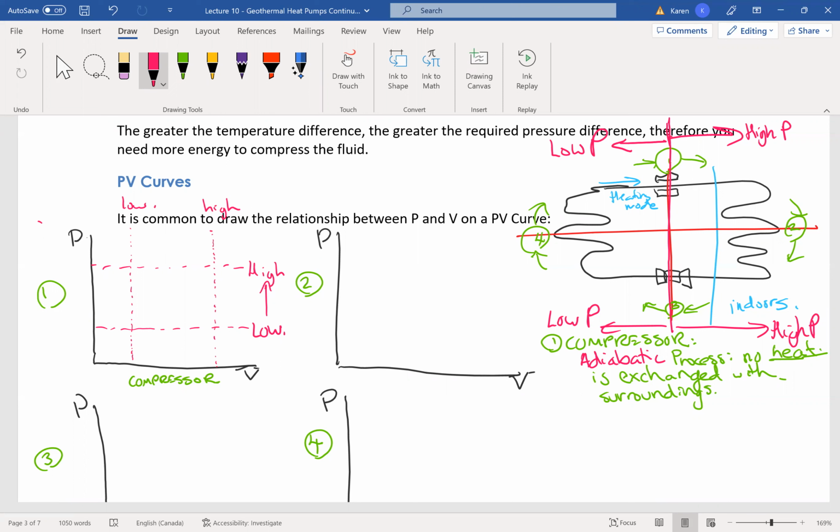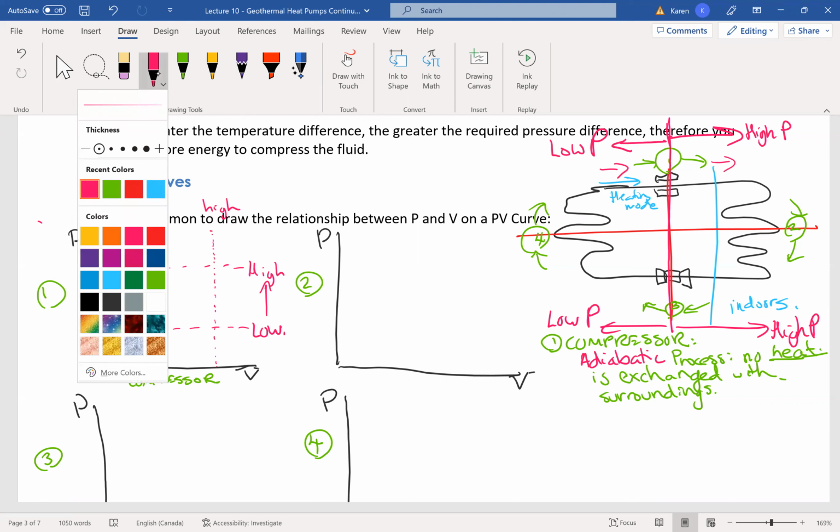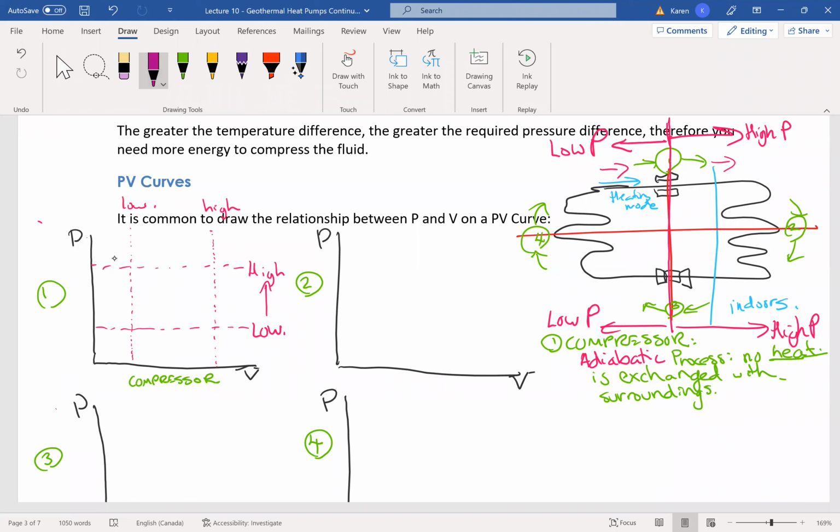So you used to have a lower pressure going in, and then you have a higher pressure going out. So you used to have higher volume going in, and you have a lower volume going out. So what we have here then is we used to have high volume, low pressure, and what you ended up with is here, and it is low volume, high pressure.